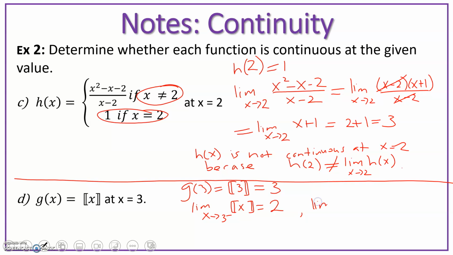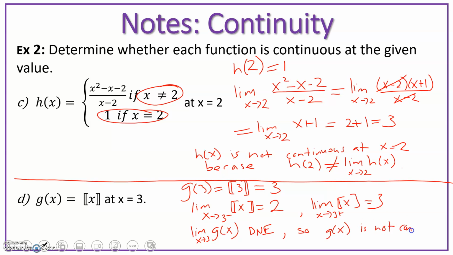And from the right of 3, our greatest integer function gives us 3. Therefore, the limit of g of x, the greatest integer function, as x approaches 3 does not exist. So g of x is not continuous at x equals 3.